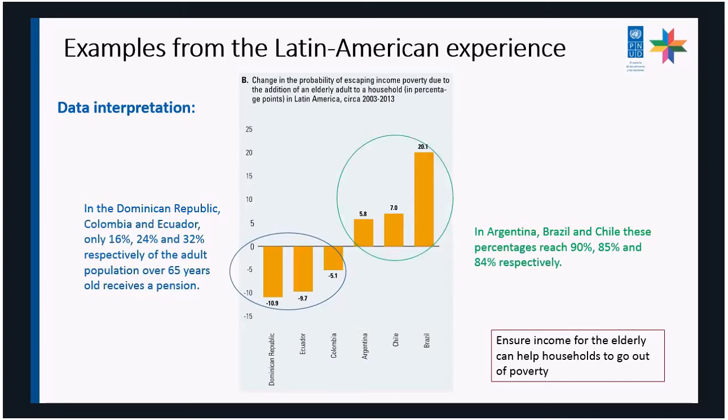Well, Brazil is a huge system as well, but that's the contrary to countries like Ecuador or Colombia, where the social protection system is still under construction. It's not of a universal nature, and in Argentina and Chile it is, especially since the beginning of the last decade.